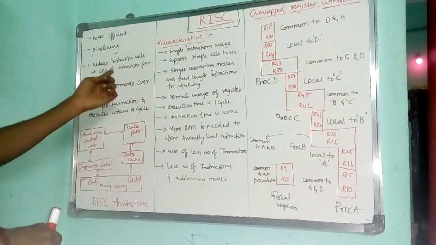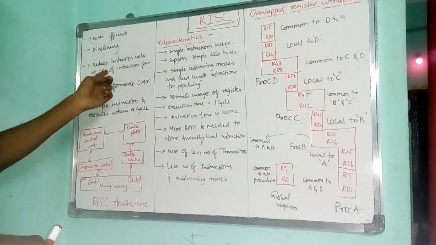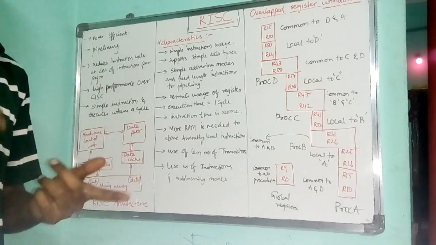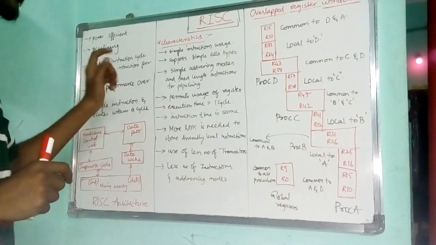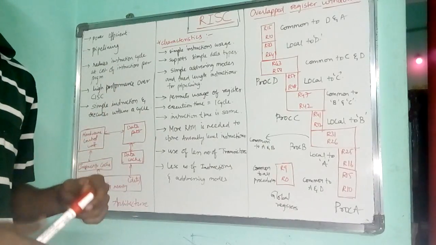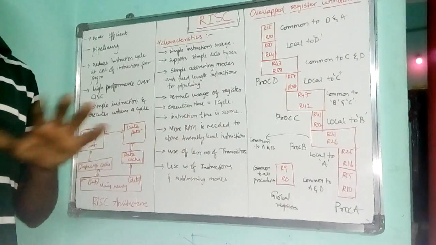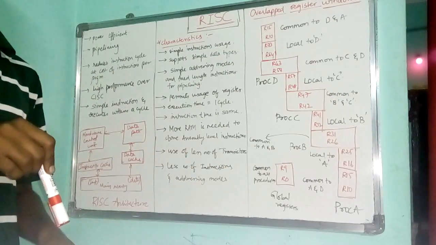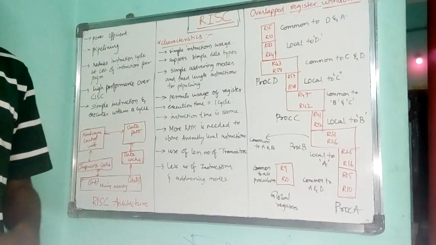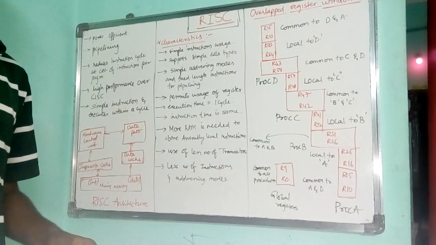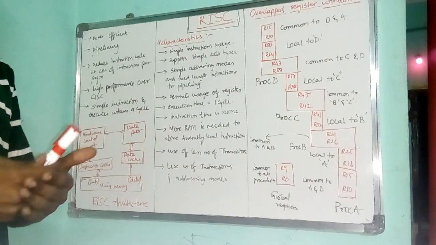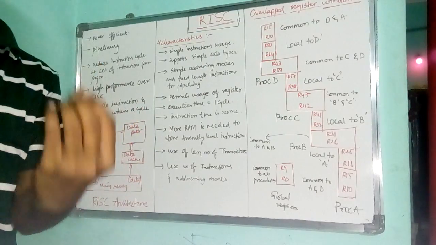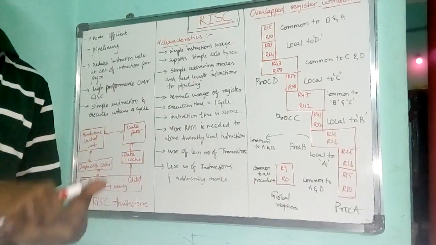Okay, the next is reduces instruction cycle at cost of instruction per program. This is just opposite to CISC, right? In the CISC, what we did is we reduce the instructions per program at the cost of instruction cycle. But here we reduce the instruction cycle at the cost of instructions per program, which consumes less time than compared to CISC type of processors.